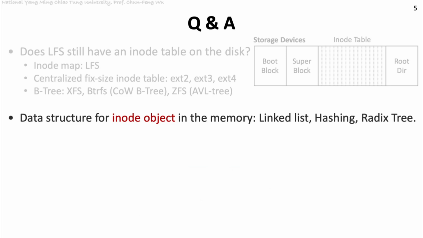You may be curious what the data structure for the inode object in memory is. There are several possibilities. The most basic one is the linked list, and there are also hashing and registry. Both hashing and registry help to quickly find the inode object that the request is looking for. This data structure for the inode object in memory is slightly different from the data structure for the inode on the storage device.